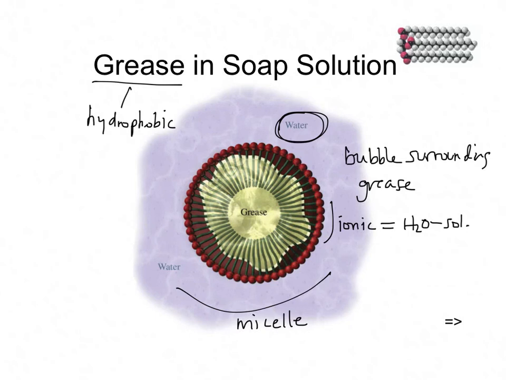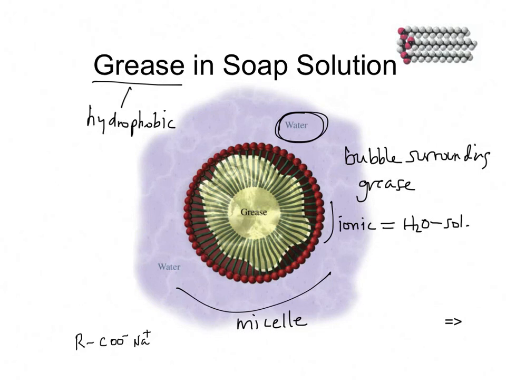One of the disadvantages of soaps is that they can form soap scums. So if we draw just a very generic soap molecule, we'll just say RCOO- Na+. There's a generic soap molecule.